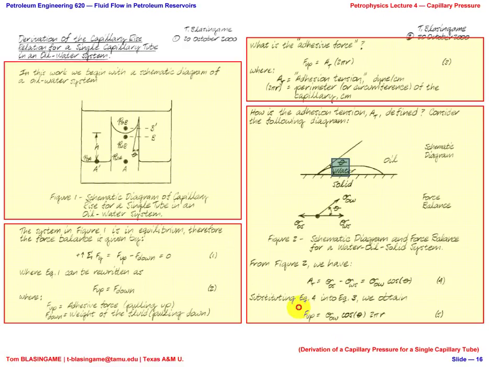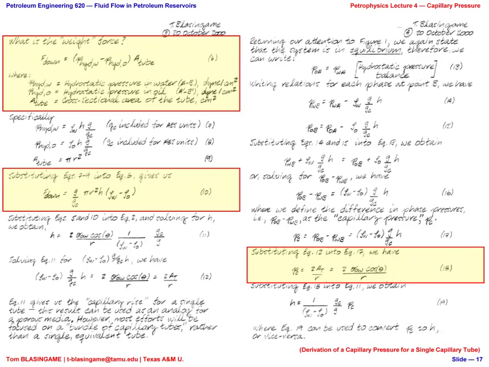And again, our upward force is defined by the interfacial tension multiplied by cosine theta multiplied by 2 pi r. Our force acting up, our force acting down very quickly is just going to be the density multiplied by the height, multiplied by the cross-sectional area, multiplied by g over g sub c because we use the US unit system.